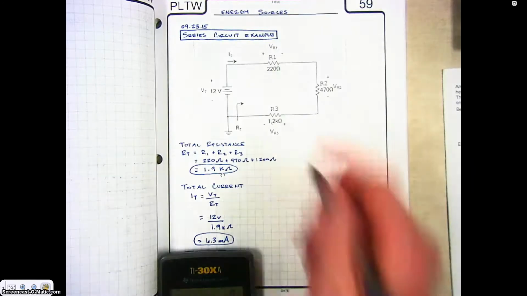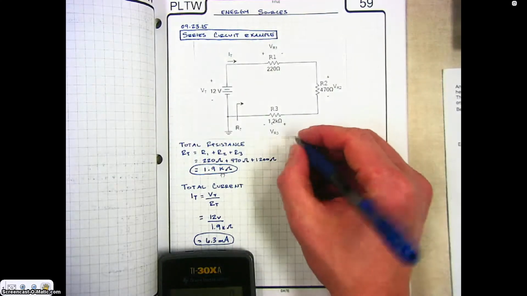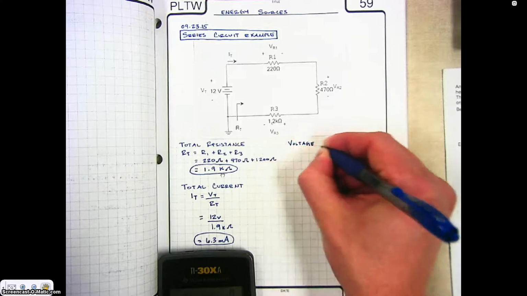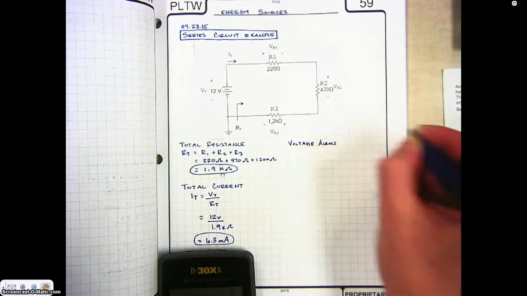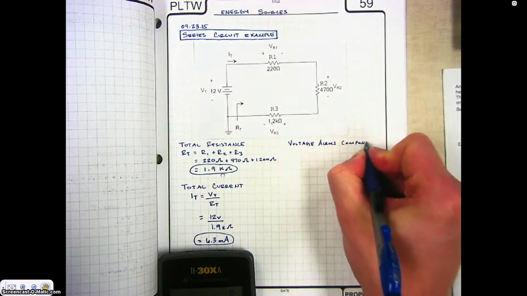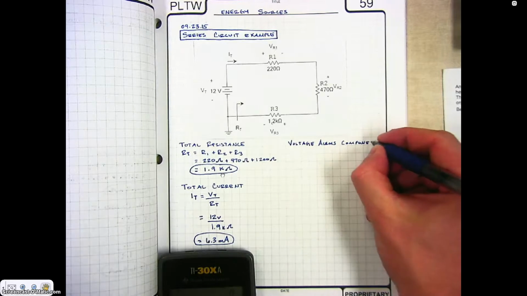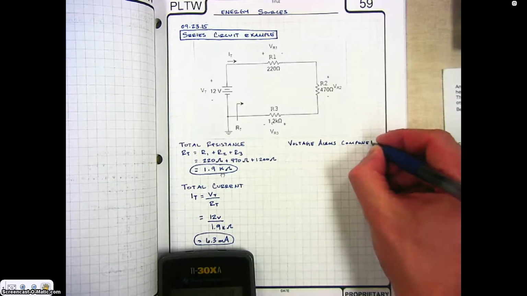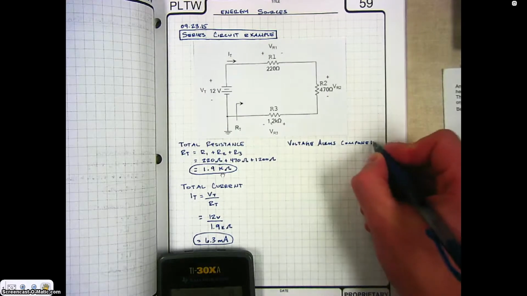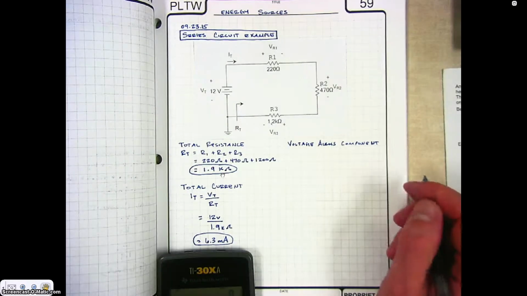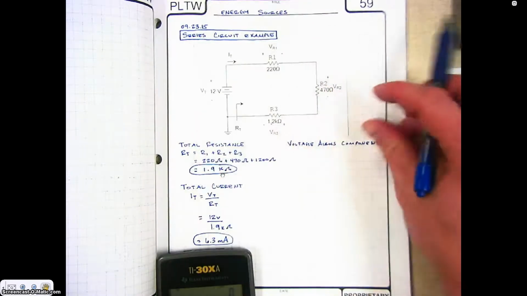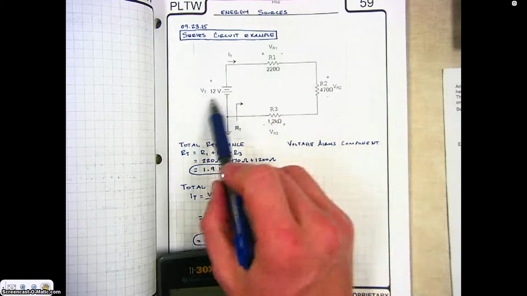All right. The next thing we're going to do is calculate the voltage across each component. In a series circuit, the voltage drops at each of these components are going to add up to the total voltage.